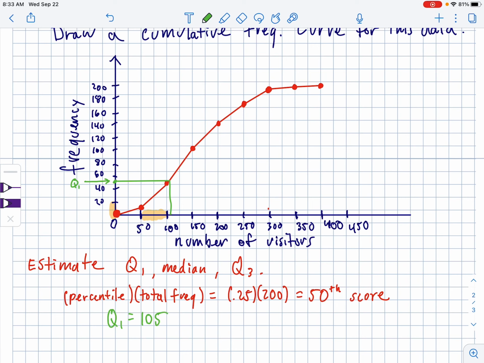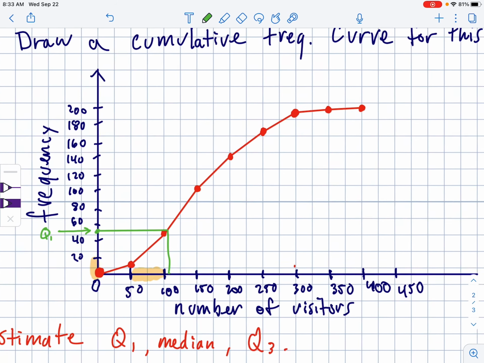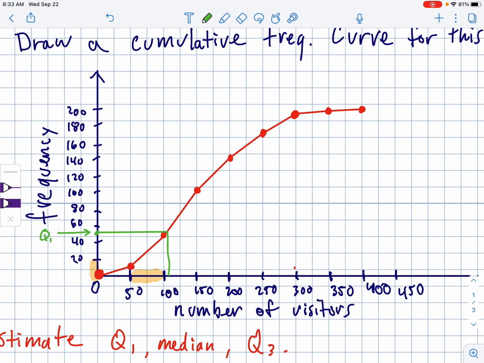So Q1 is equal to 105. Now I realize this is an estimation because my polygon is not perfect, like my tick marks that I tried to do my best with. So it's not exactly 105, but it's probably somewhere near that. Now the median is the 50th percentile, and when you multiply 0.5 with 200, you get 100.